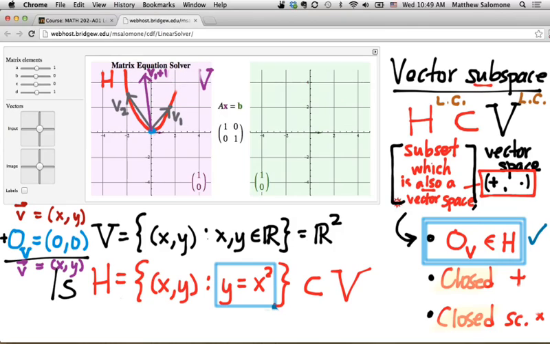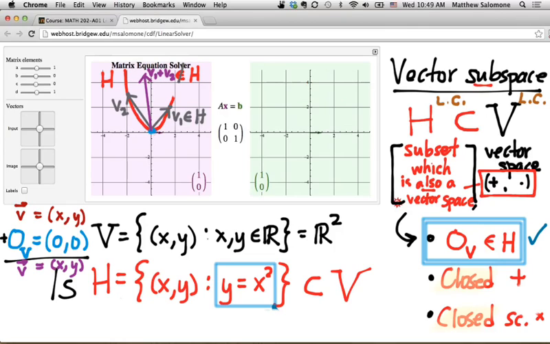So, to finish this sentence up here, v1 plus v2 does not belong to H, even though v1 and v2 themselves did. And that's a red flag. Oops.